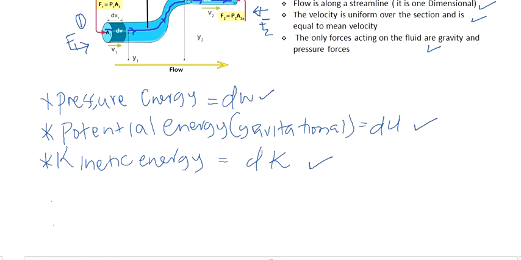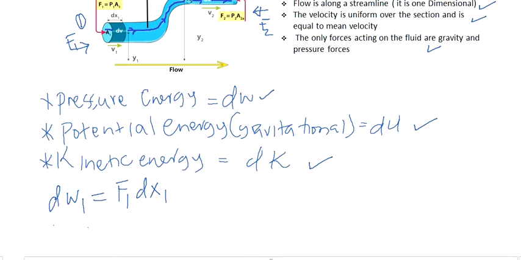So to begin with, if dW1 is the work done at point 1, it is equal to the pressure force. In other words, if the pressure force at point 1 is F1, then dW1 is equal to F1 times the distance dx1 moved by the fluid mass.